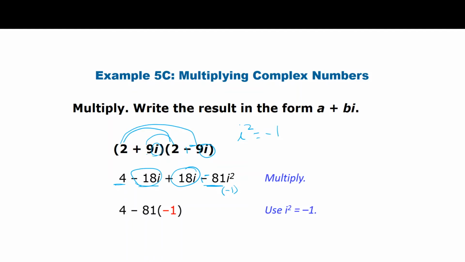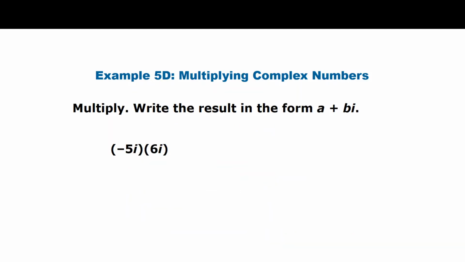And our -18i and a +18i, they just cancel each other out, turn to 0. So all we have left is 4 plus 81, which is going to equal just 85. And it says write it in A plus Bi form, but we just have an A, so that's all we have to do.